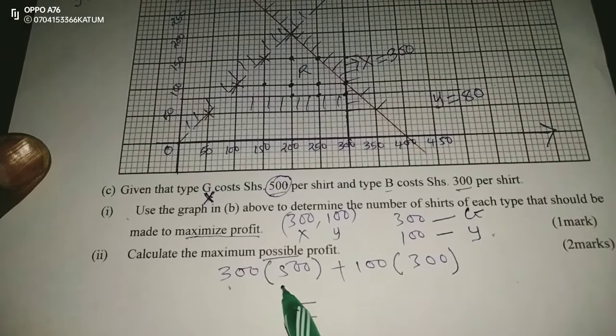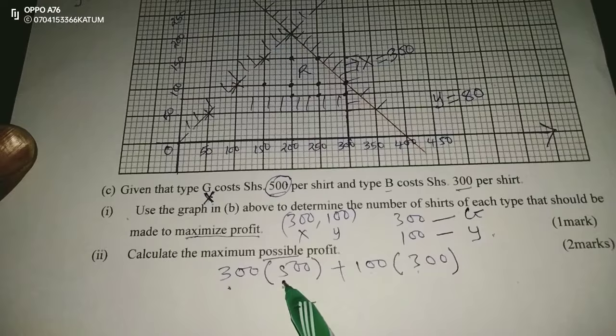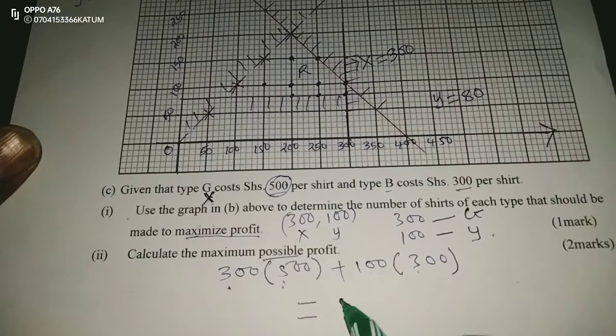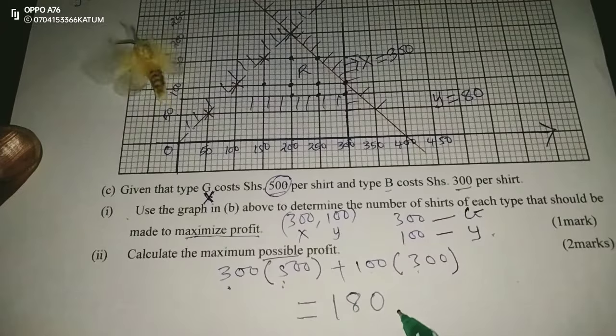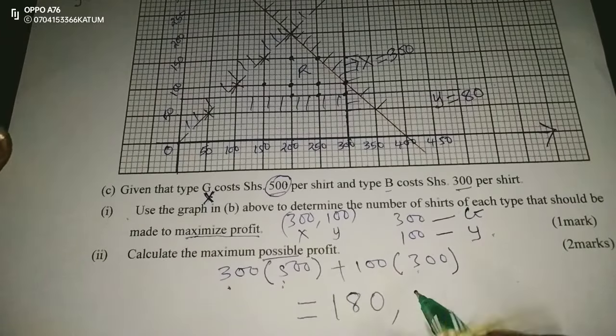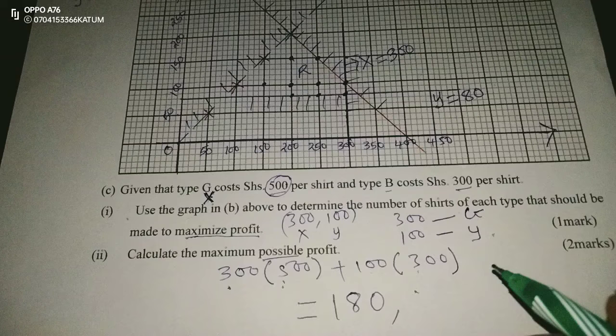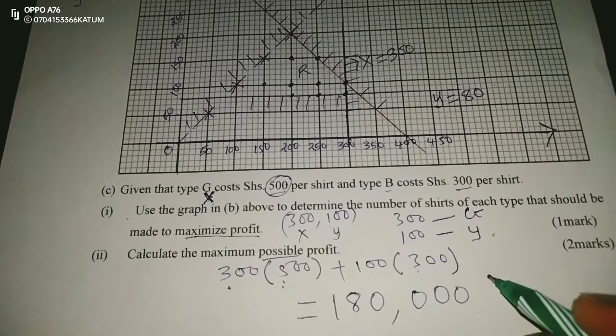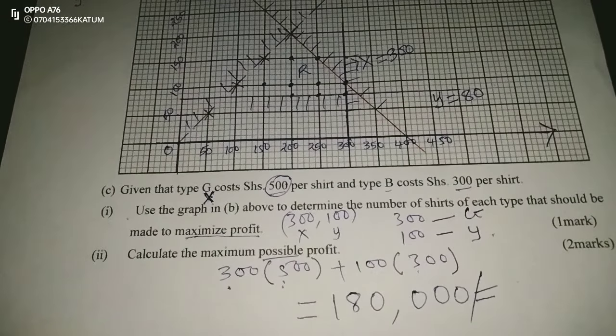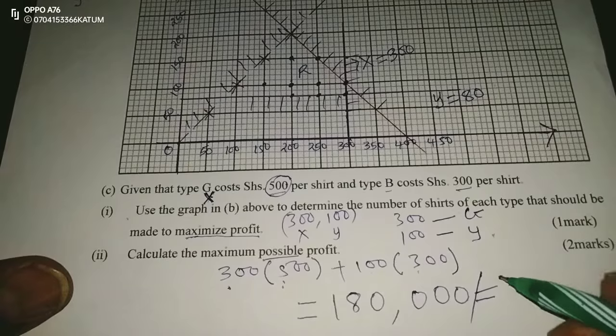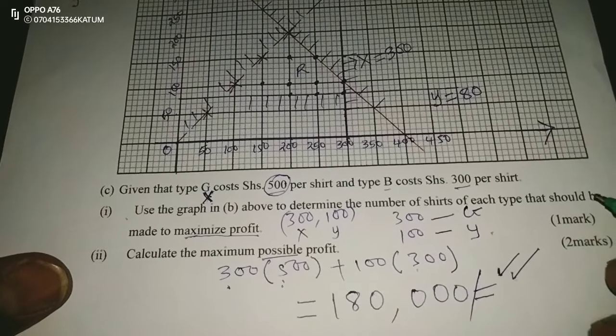We're going to get 150,000 and 30,000. So 180,000. 180,000 Kenya shillings. We can have other combinations, but this one is giving us the maximum profit.